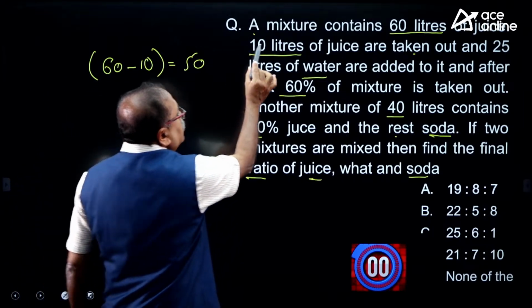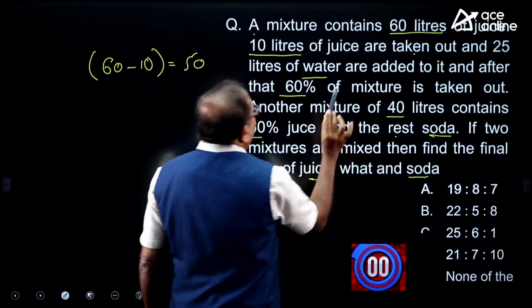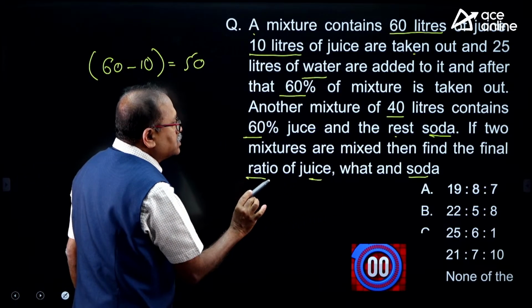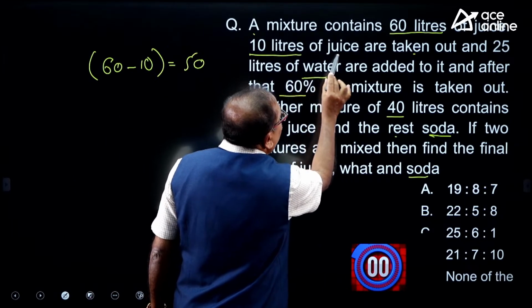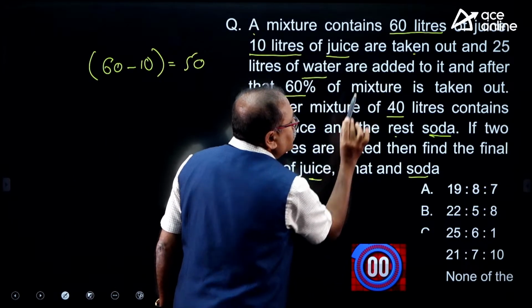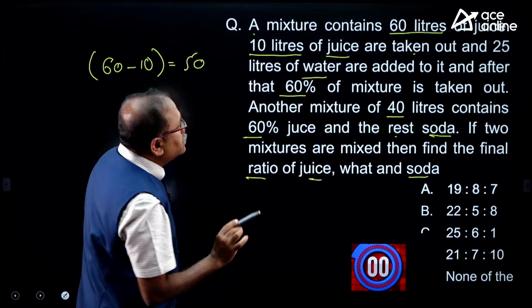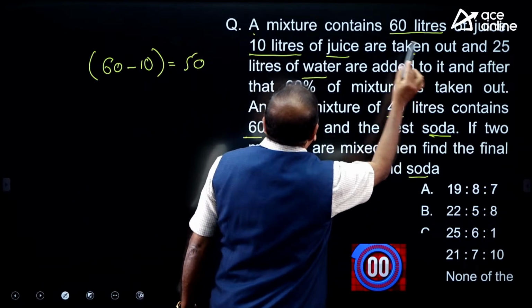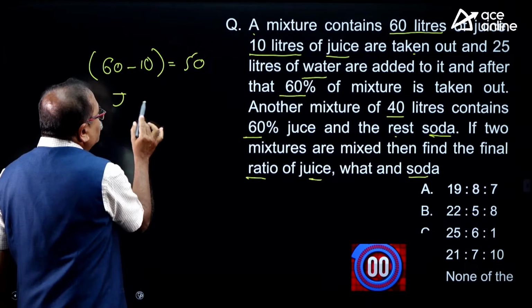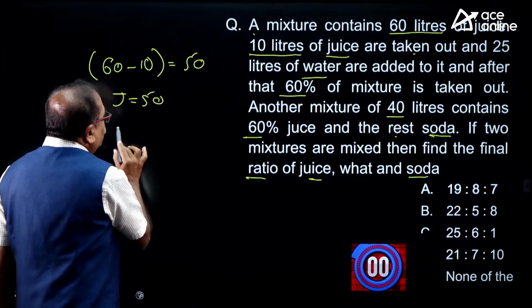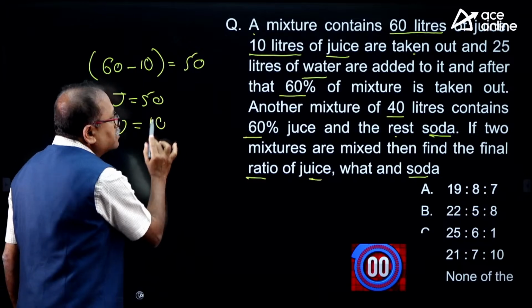Hope the question is clear. It's talking about 60 liters of juice, from which 10 liters of juice is taken out. That means I am left with 50 liters of juice, and 25 liters of water is added. So I have 50 liters of juice and 25 liters of water.